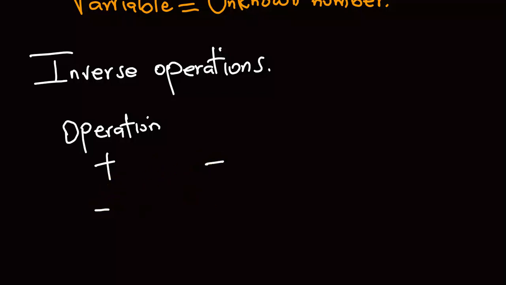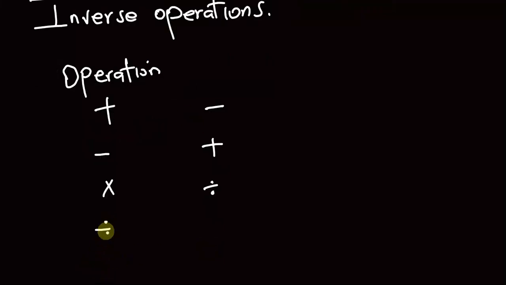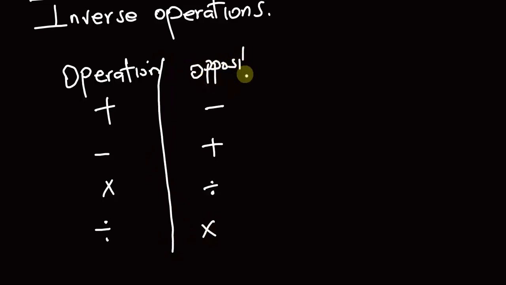When you have subtraction, we'll use addition. If we have multiplication, the opposite is division. Lastly, if we have division, the opposite sign is multiplication. We are going to see how the opposite sign comes about.